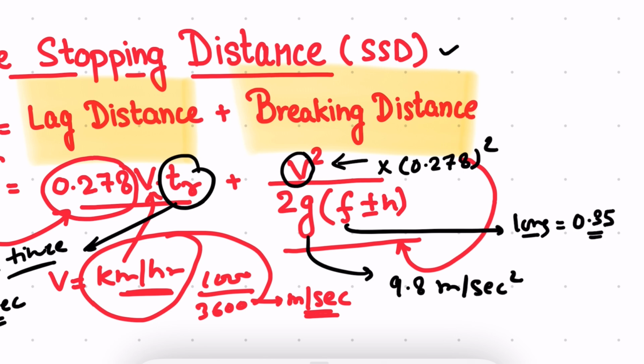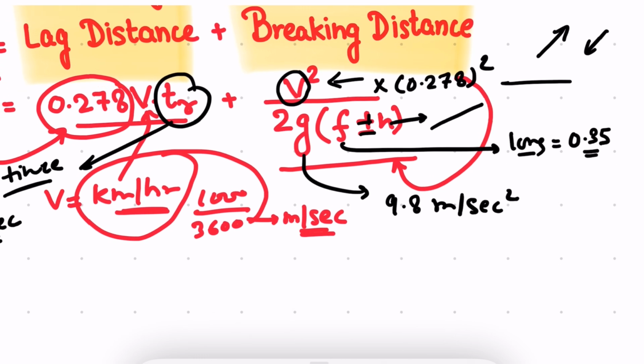This is the standard value. n is the slope of the road, that is, if the road is flat, then n will be 0. If there is some gradient or slope provided on the road, then depending upon whether the vehicle is ascending or descending the gradient, a positive or negative value is taken. We have discussed this in detail in the previous lecture.